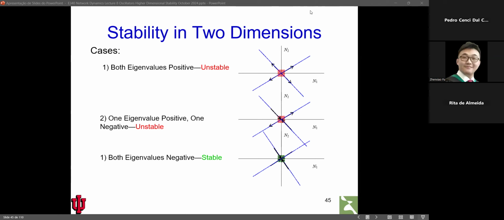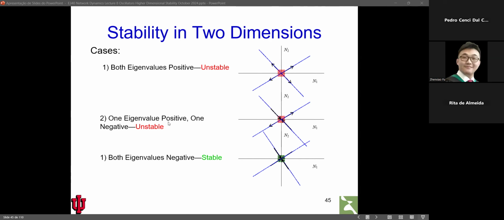Instability in 2 dimensions, you can then study it. If both eigenvalues are positive, both directions are going to flee away from the fixed point. It's unstable.